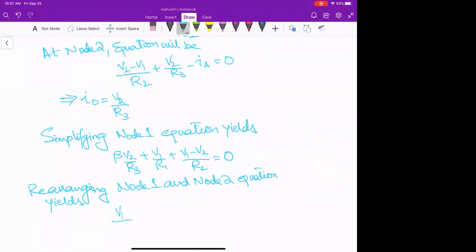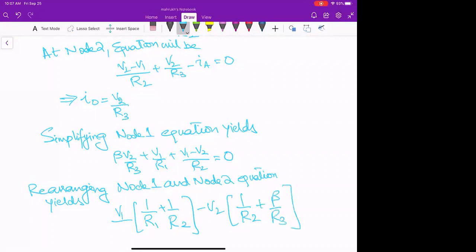So it will be V1, 1 over R1 plus 1 over R2, minus V2 over R2. Okay. V2, 1 over R2 plus beta over R3. No, here should be minus, right? Is equal to 0. Okay?